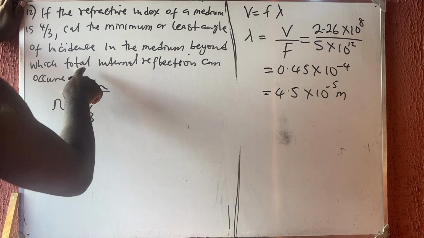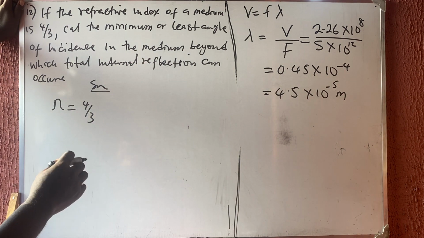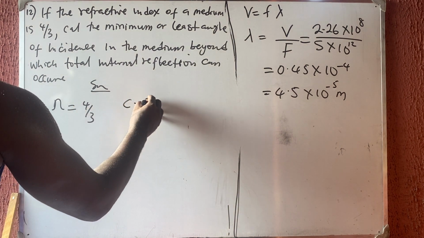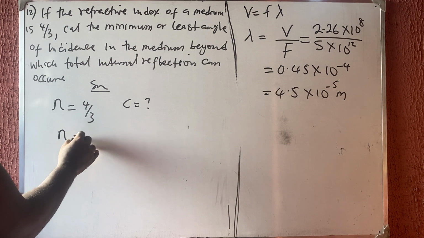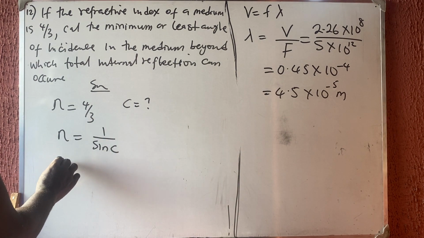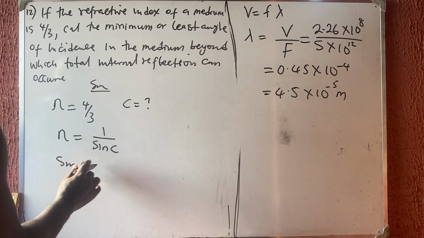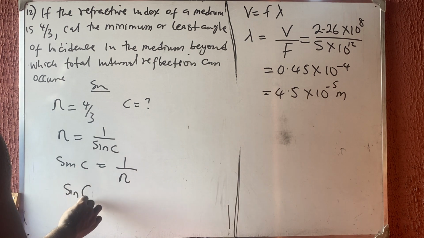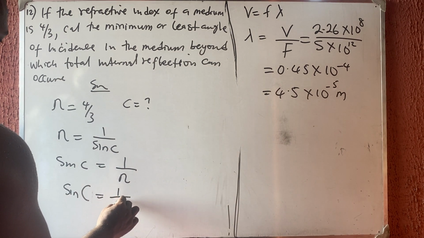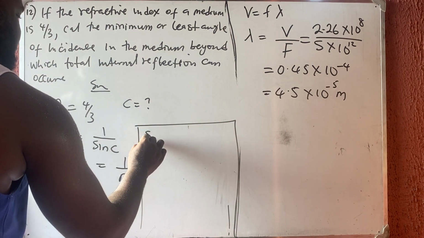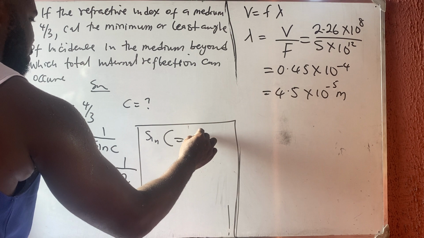So what they're asking us is the total internal reflection, which is gotten from the critical angle. But do you remember that n is equal to 1 over sine of the critical angle? So therefore the sine of the critical angle is equal to 1 over 4 over 3, which is 3 over 4.